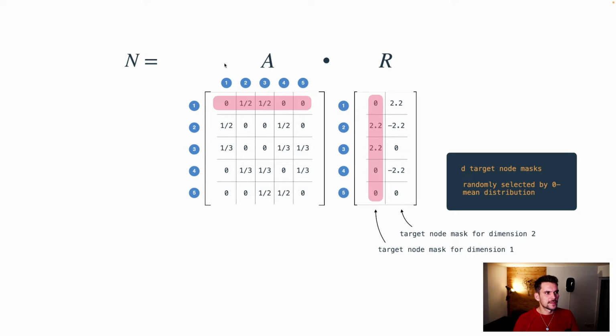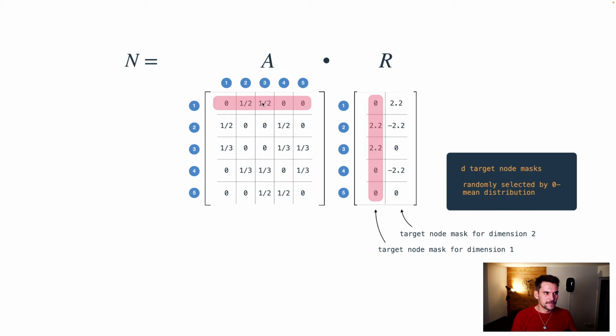So our resulting matrix n is the multiplication of our transition matrix A times our random projection matrix R. To calculate the top leftmost entry in the n matrix, we would multiply this row vector of A with this column vector of R. And what you can see is that the dimensions which are 0 in our random projection vector are basically cancelled out and others are selected by our square root of 5 value.